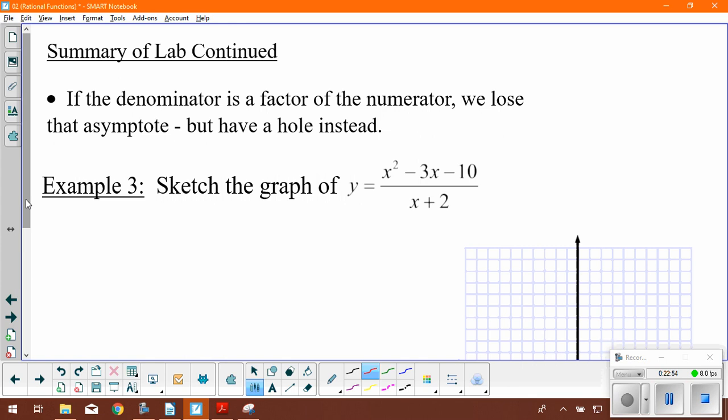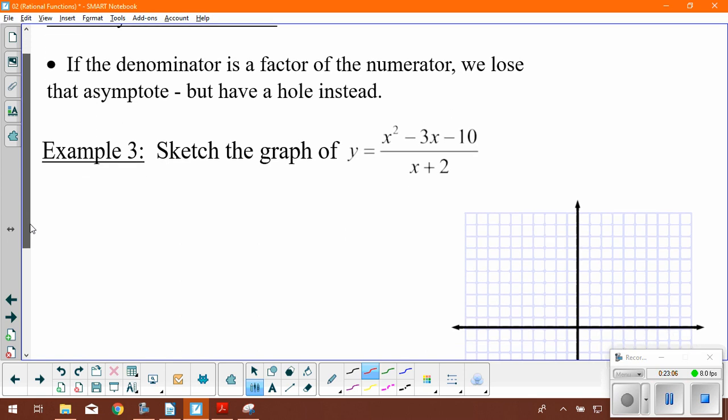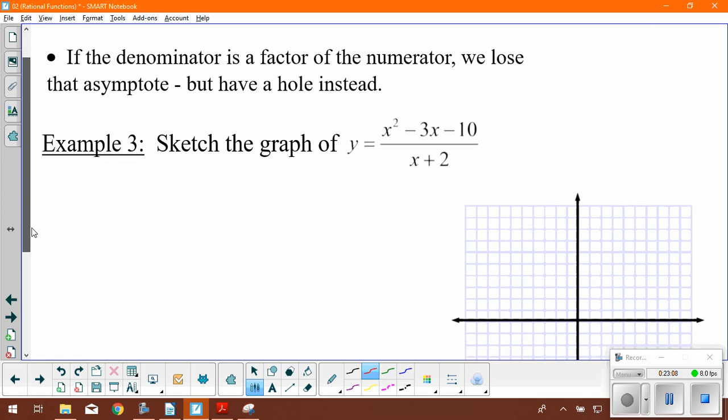So when that happens, we don't have the asymptote anymore. But because technically we're not defined where the asymptote would have been, we have a hole in the graph, which is something new. So for example, we're going to do a quick sketch of x squared minus 3x minus 10 over x plus 2.